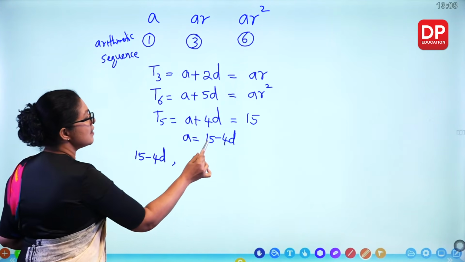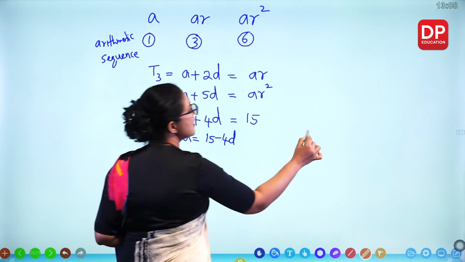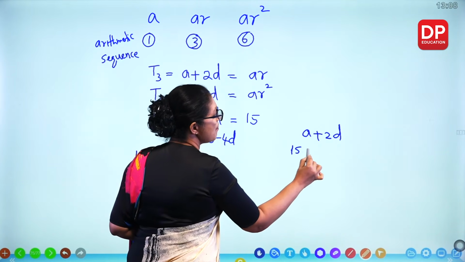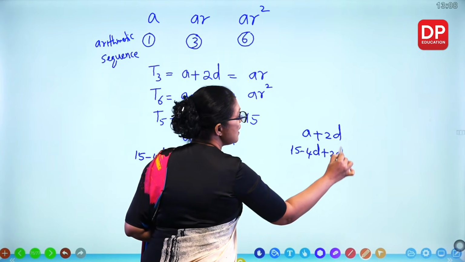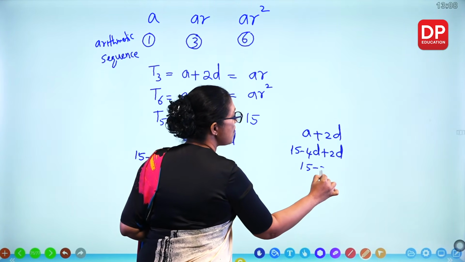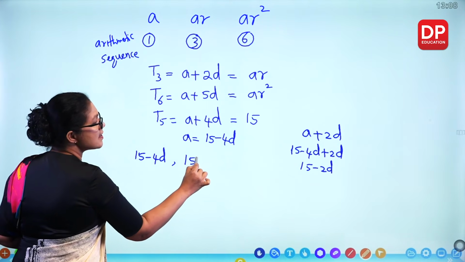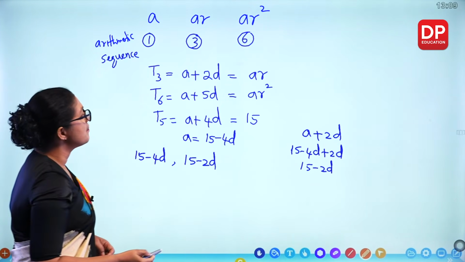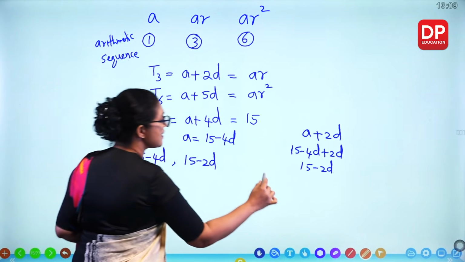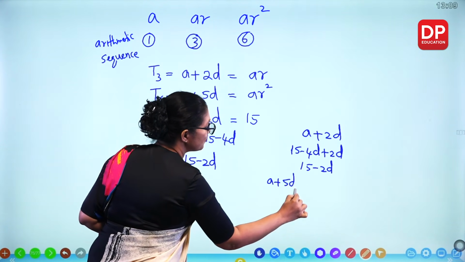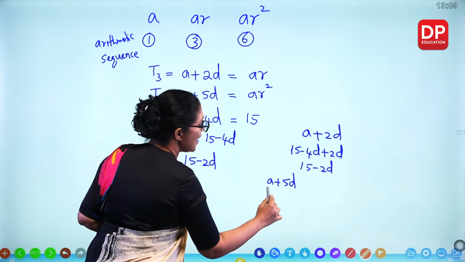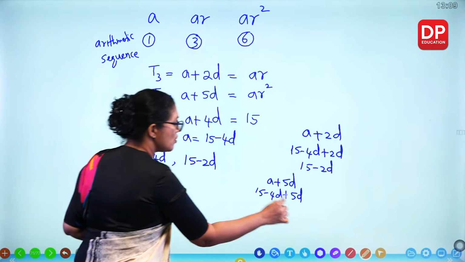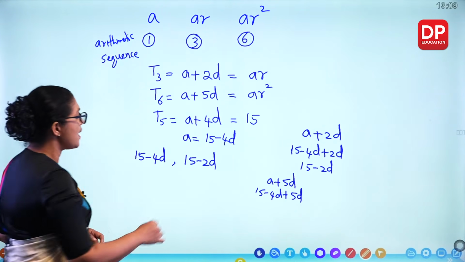We can substitute A as 15 minus 4d: 15 minus 4d plus 2d. When you simplify, you get 15 minus 2d. That's our second term in terms of d. What's the third term? The third term is A plus 5d. A is 15 minus 4d plus 5d. You get 15 plus d.